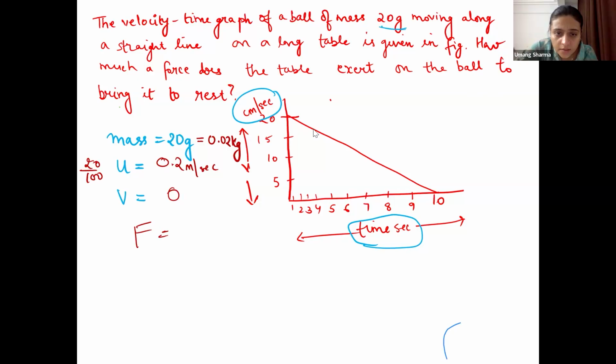So the first answer Om has given to me, and it is negative 0.0004 Newton. Okay, we will see this one. Who else will get? Okay, Maggie. Now tell me the final answer. Only one person has given me.